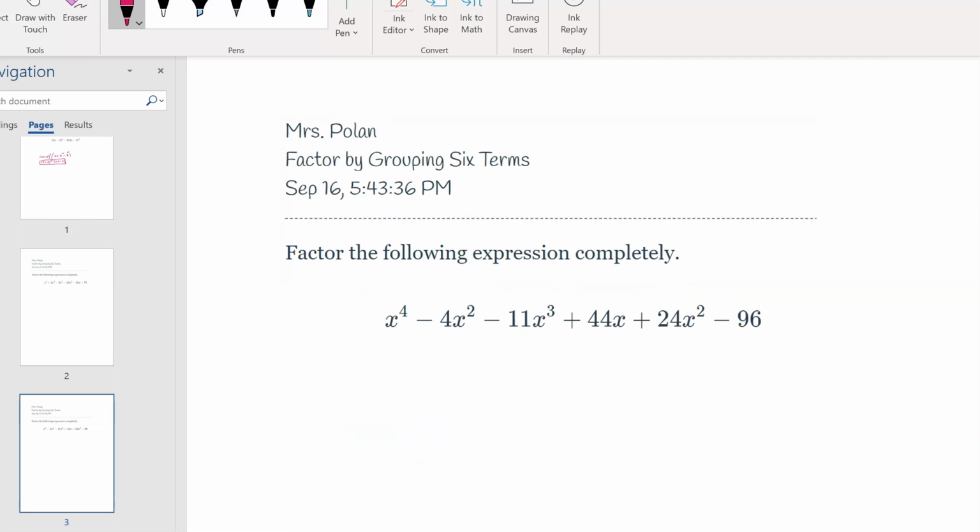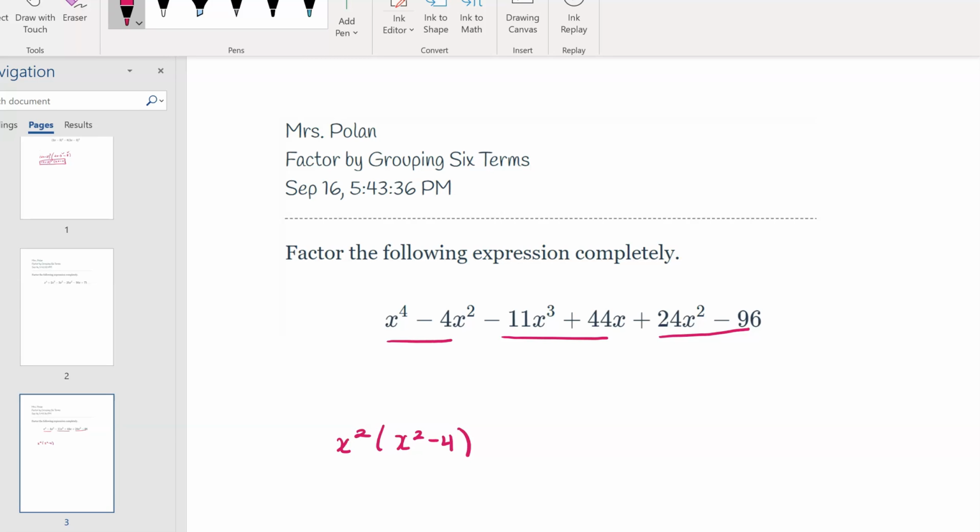The next skill, I want to factor by grouping 6 terms. Either break it into 2 groups of 3 or 3 groups of 2. And you always do the easiest first, which is to break it into 3 groups of 2. So I notice x squared is in common with the first group, and the balance is x squared minus 4.